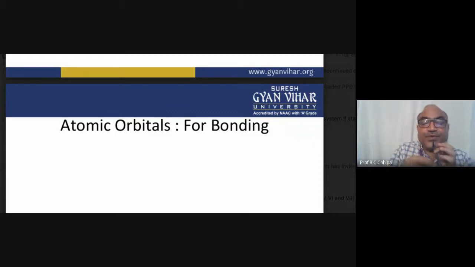So from sodium, the electron goes to the chlorine, so that becomes the chloride ion, and sodium remains as the sodium cation. So in sodium chloride the role of the atomic orbital is responsible: the 3s atomic orbital of sodium and the 3pz atomic orbital of chlorine form the ionic compound.